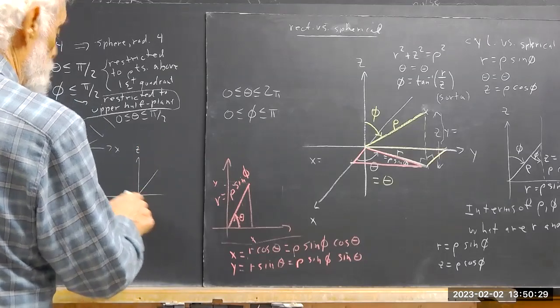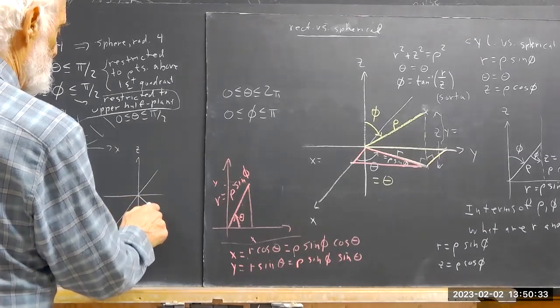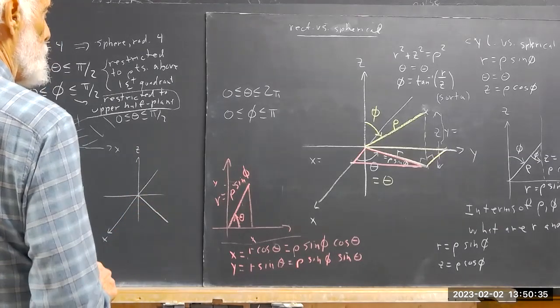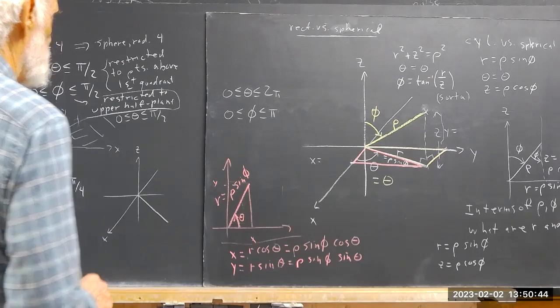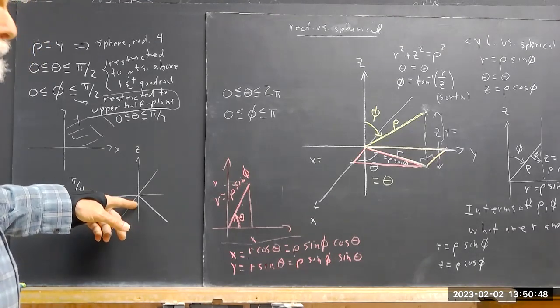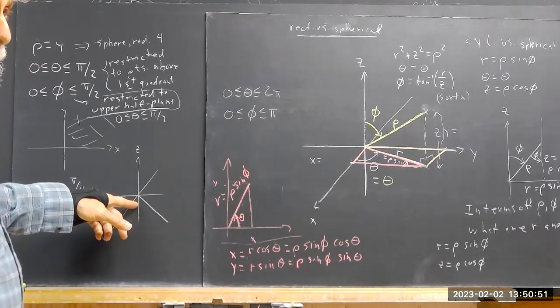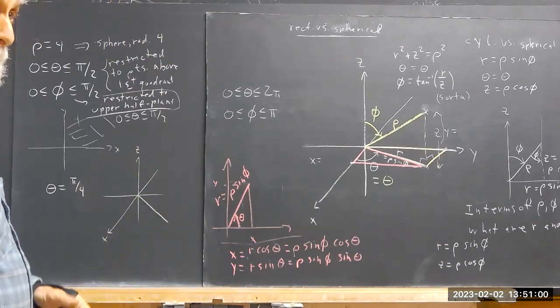You can figure out which one's the y-axis. Here's theta equals pi over 4. The only restriction, so you can have any rho, above and below.